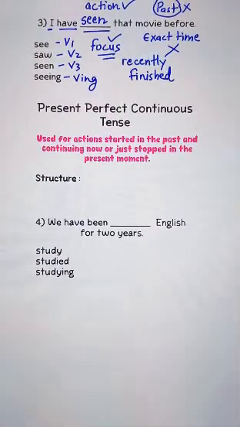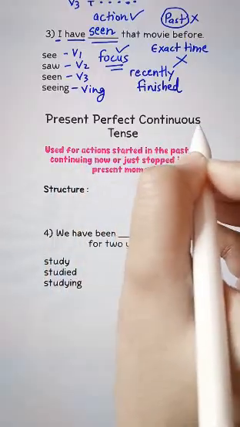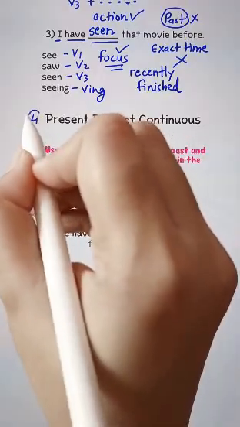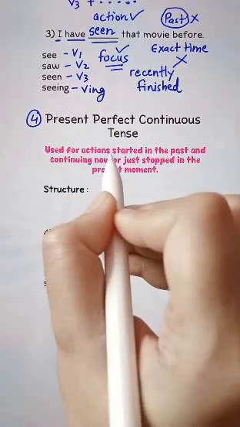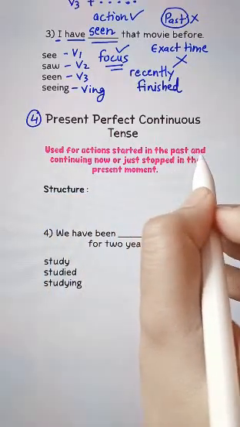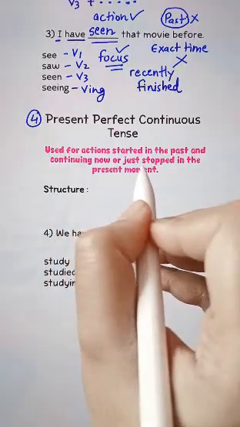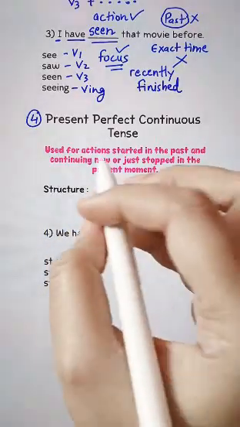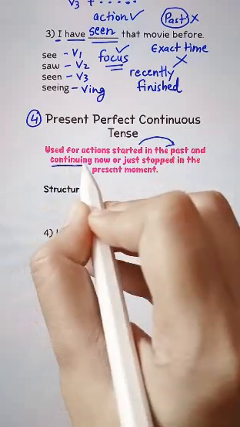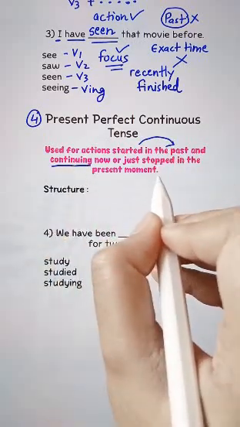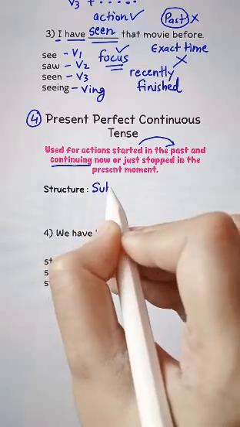Done with the third one, let's move to the fourth tense, present perfect continuous tense. Present perfect continuous tense is used for actions started in the past and continuing now or just stopped in the present moment. I'll repeat, started in the past and continuing now in the present moment, still going on.